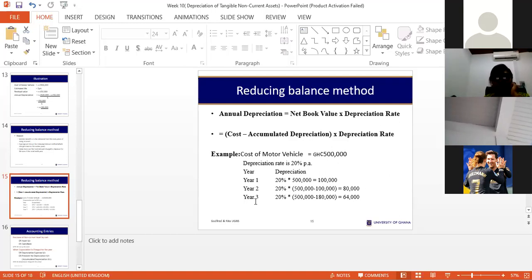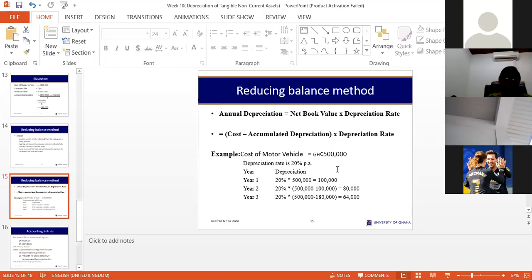In year 3, the total depreciation will now be 180. So it is 20% times the 500 minus 180. If we are doing 500 minus 180, that will give us 320,000, and that is our net book value, multiplied by the depreciation rate.